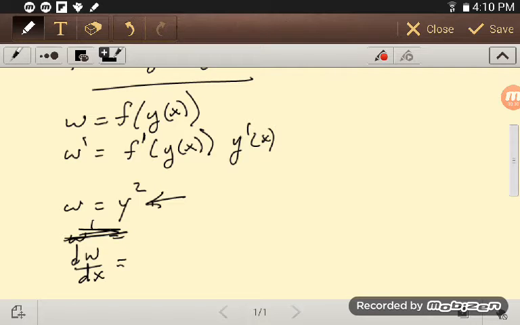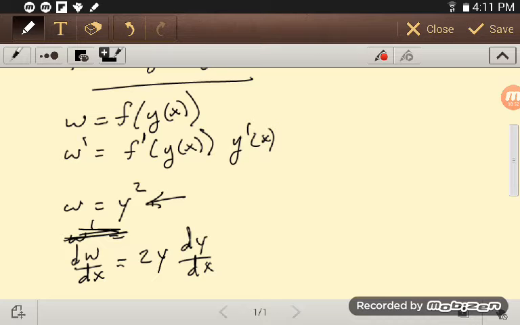Because w prime, well, y could be the independent variable, and so w prime might be 2y. But I'm trying to take the derivative with respect to x, and so it is indeed 2y, but then times dy dx.